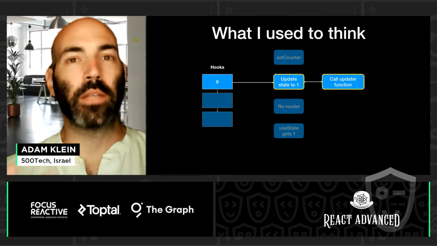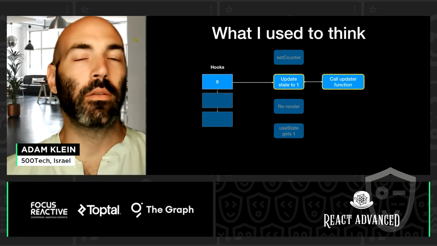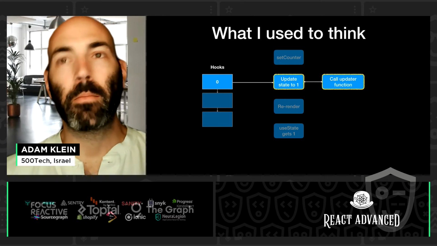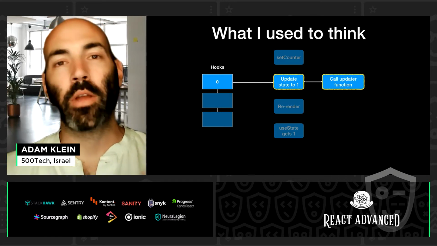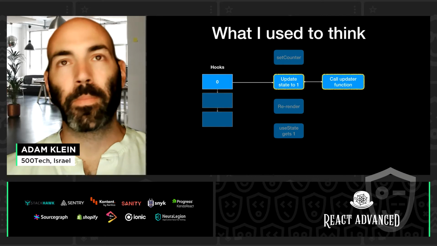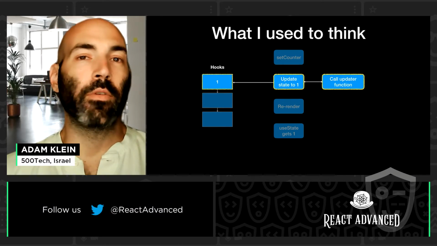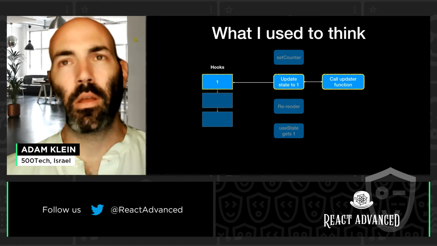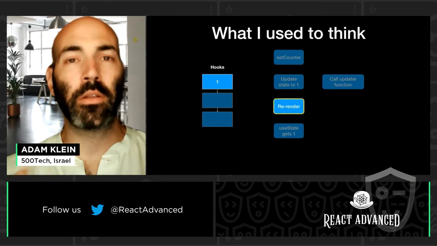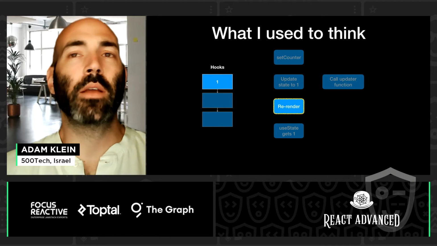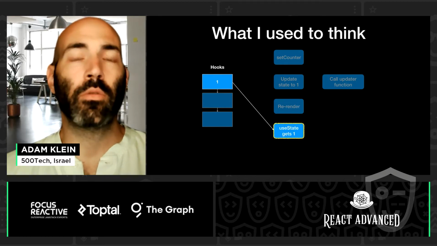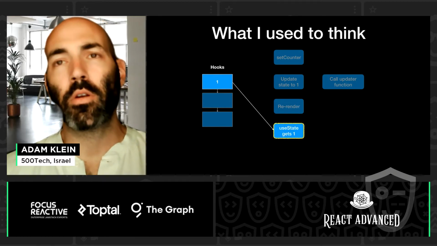React sees that we passed in an updater function, so it takes the current value, which is 0, passes it to the updater function, gets the new value, which in our case is 1, updates the current value of the hook to 1, and then triggers a re-render of our component, and our component calls useState again and gets the new value which React stores, which is 1.